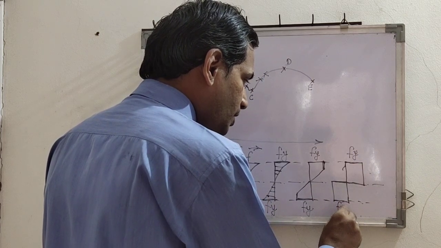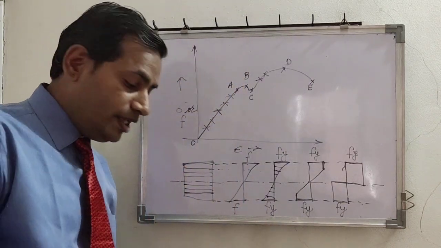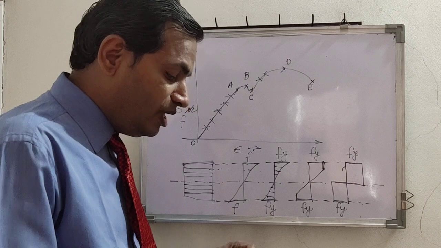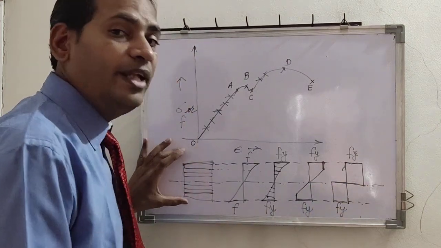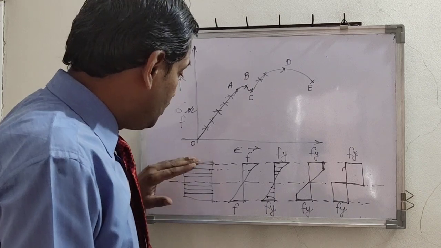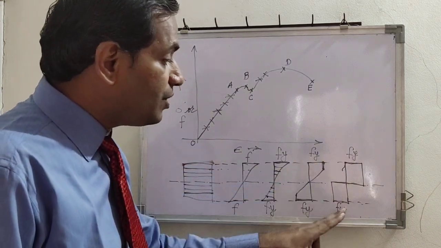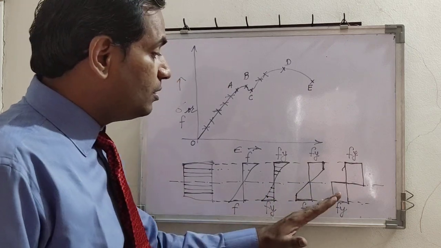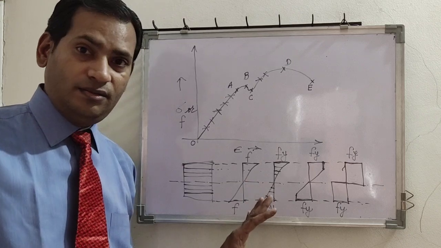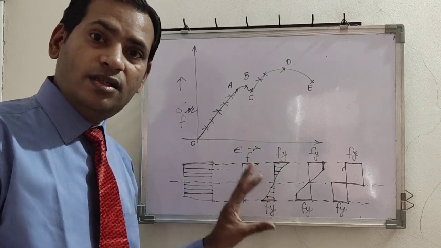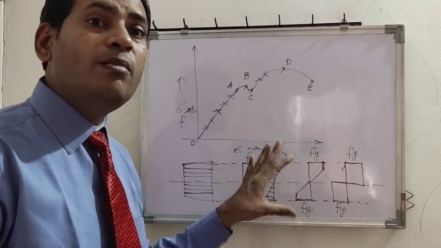It means complete section will become or develop yield stress at any level along the depth. It means each and every fiber has induced now yield stress. This is the completely plastic state of the section. This is where section has completely become plastic.